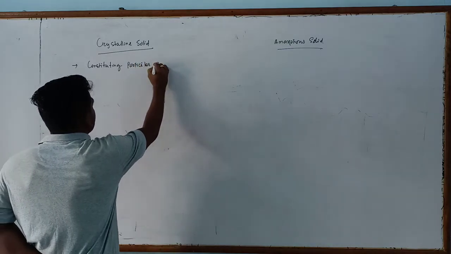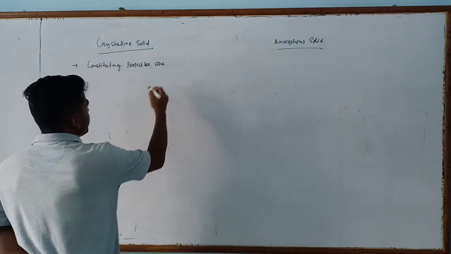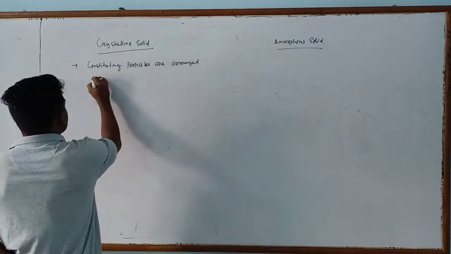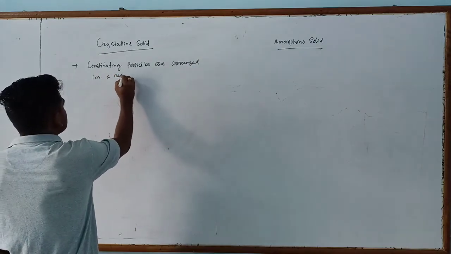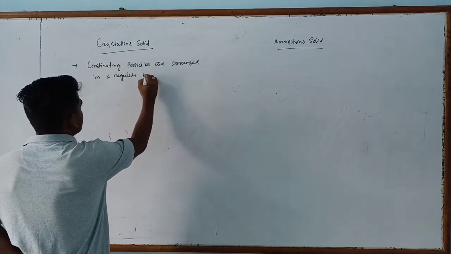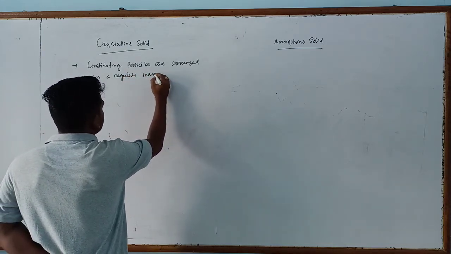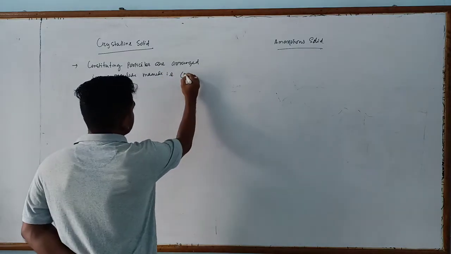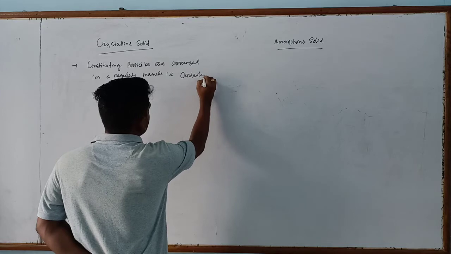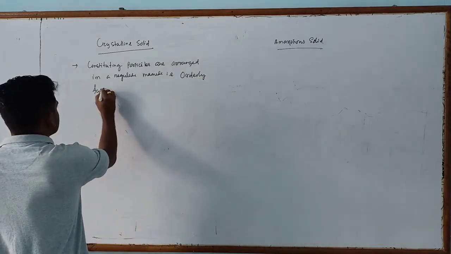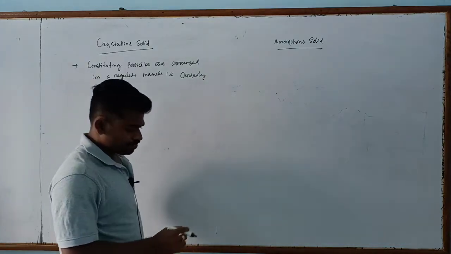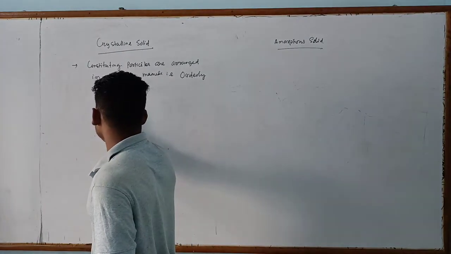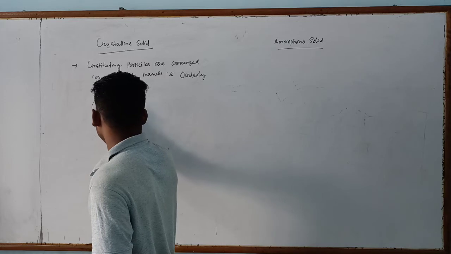particles are arranged in a regular manner, that is, in an orderly fashion. That means the arrangement is very regular. Suppose I am considering a crystalline solid, let's say A and B are its constituents.